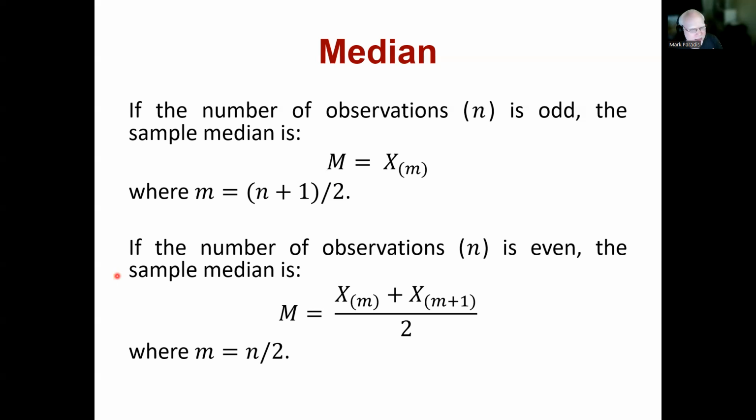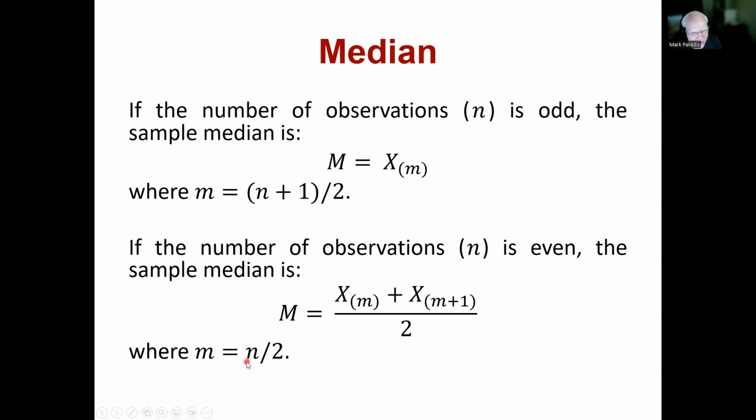So what we do is we take the average of the two middle points, the two that are in the center. And the way that we figure out which two are in the center is, first calculate m, which is equal to n divided by 2. So m is equal to the number of observations divided by 2.